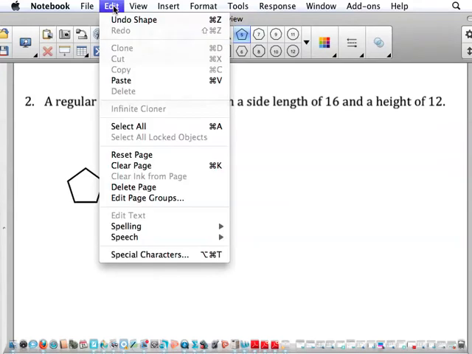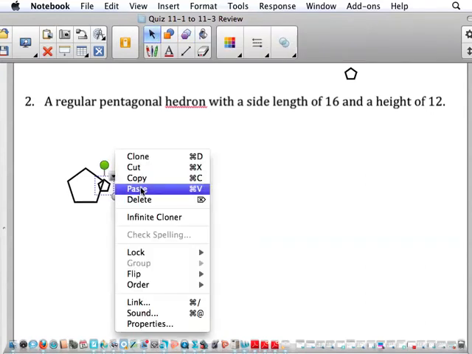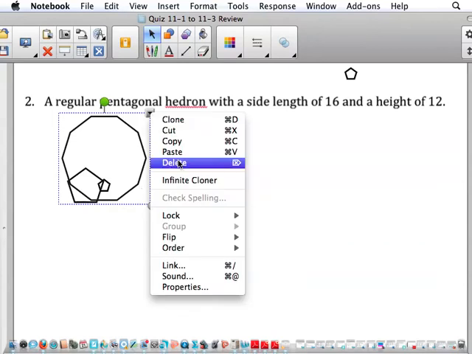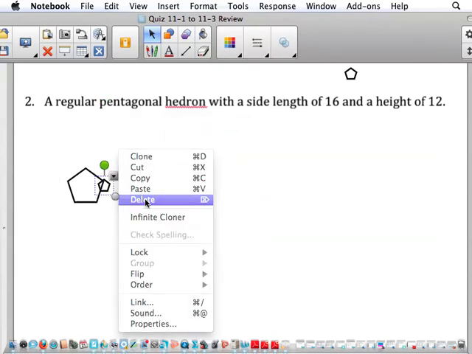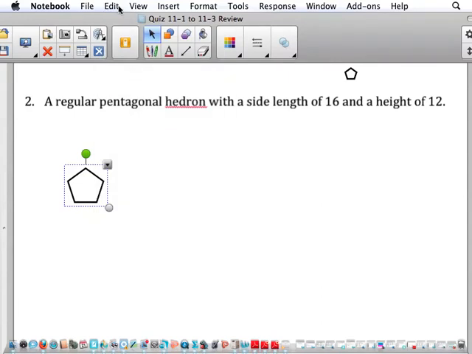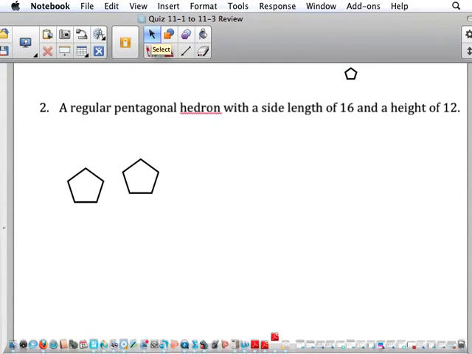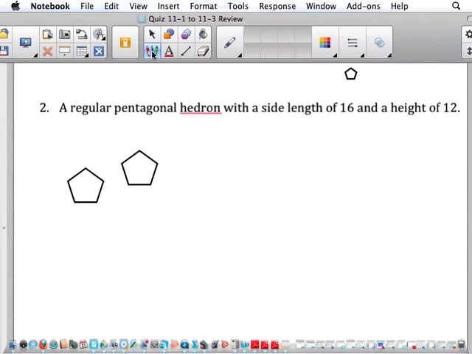Okay, let's copy this one. If this is a pentagonal prism, let's again draw these lines so you get an idea.